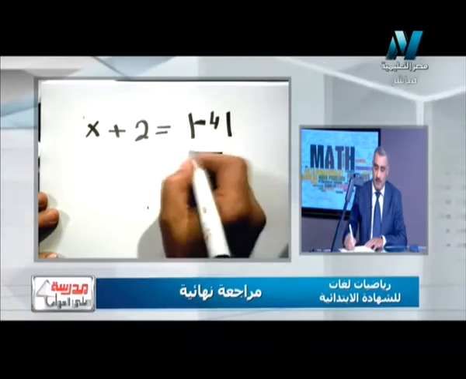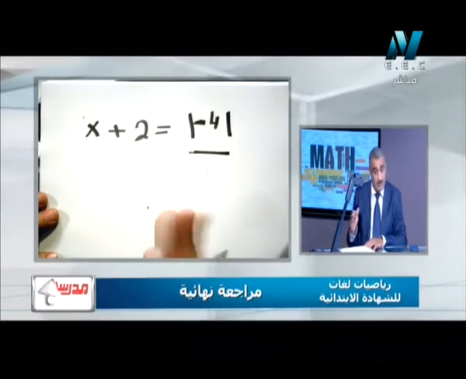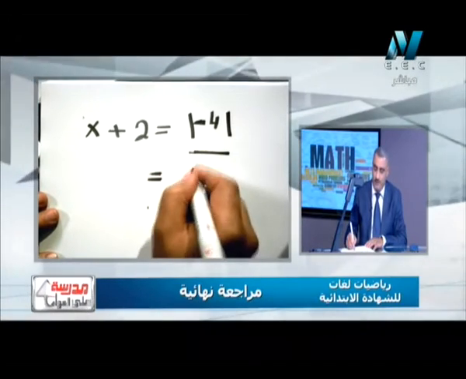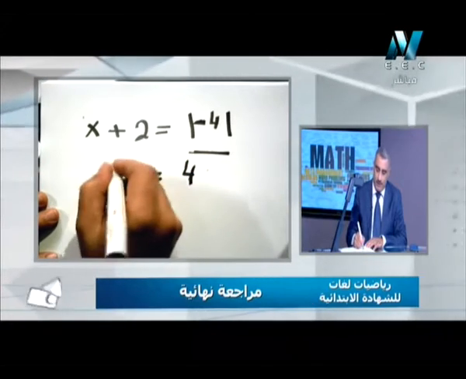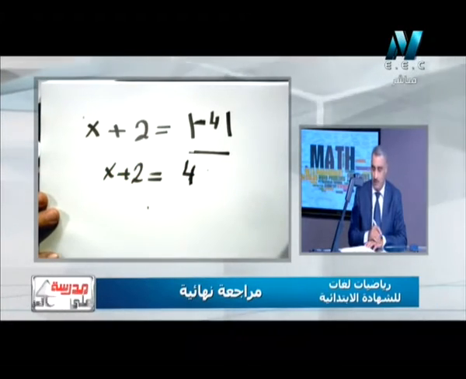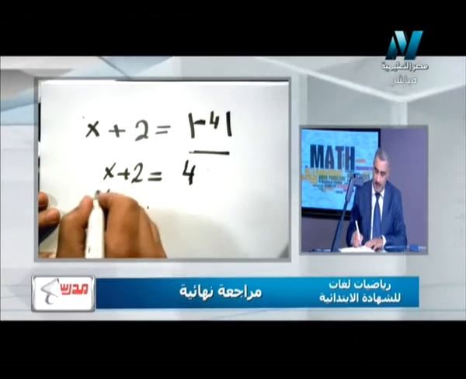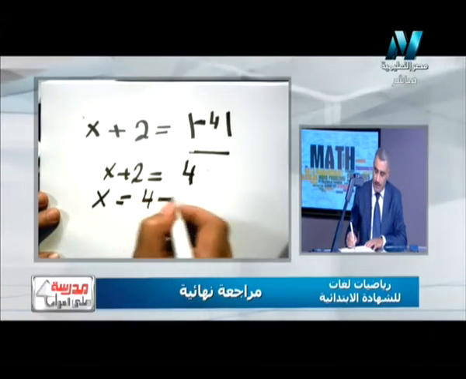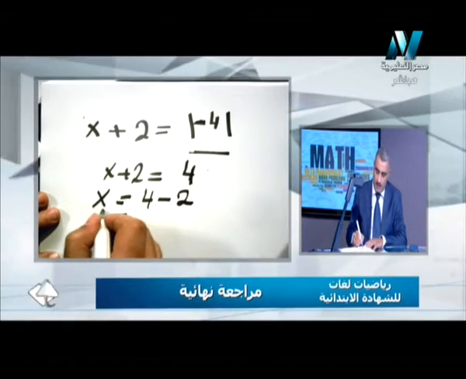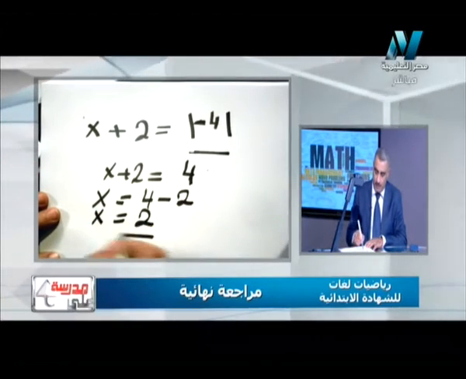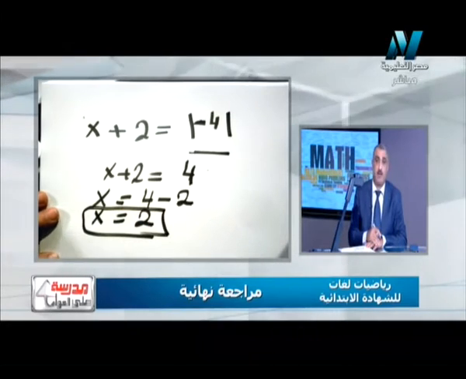As we explained, my dear students, absolute negative 4, as we said before, equals 4. So we rewrite the equation this way: x plus 2 equals 4. X equals 4 minus 2, very good. X equals 2. The value of x, my dear students, equals 2.